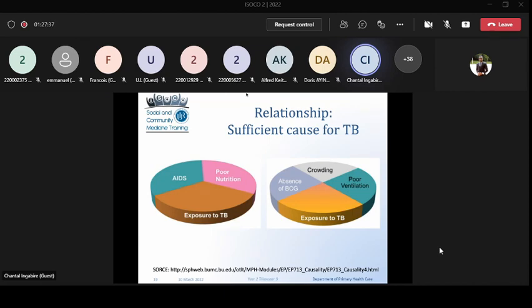So there is a sufficient cause. You are being exposed to TB, but you also have HIV and AIDS, and poor nutrition.